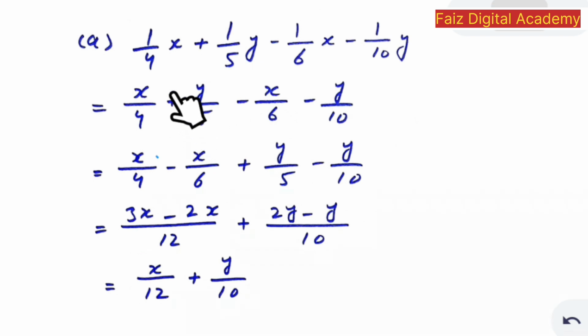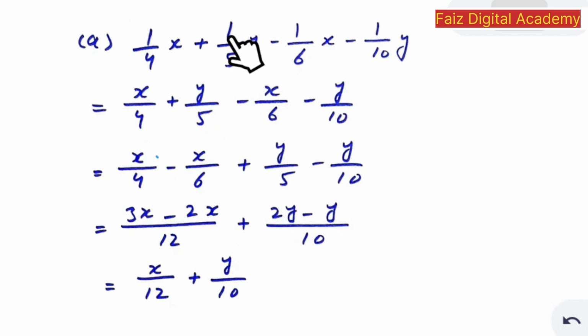The first part: we have the question 1 over 4x plus 1 over 5y minus 1 over 6x minus 1 over 10y. First of all we have to multiply this x with the numerator. So x is multiplied with the 1 and the answer is x.